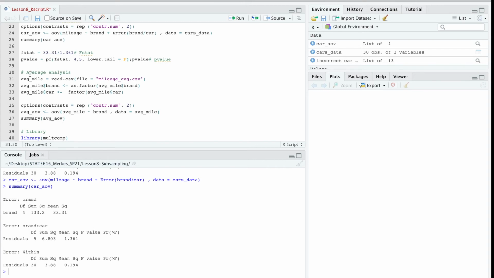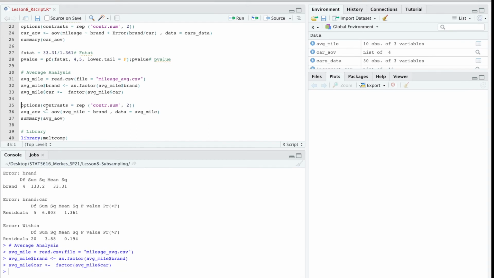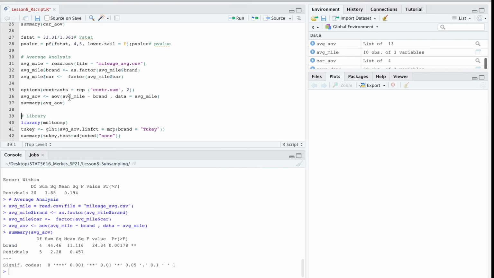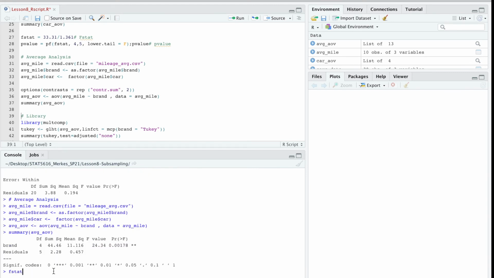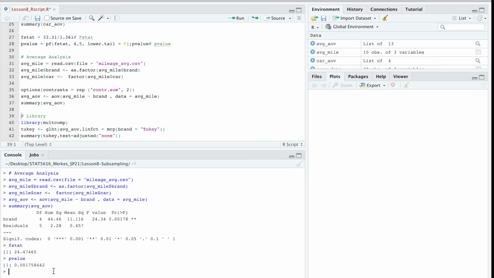Now, let's say we averaged over our subsamples and did our analysis. We're going to read in that file, and convert to factors. In this case, when we average over our subsamples, we can then just do a typical CRD, and we can see that our value here matches our F-stat and our p-value.